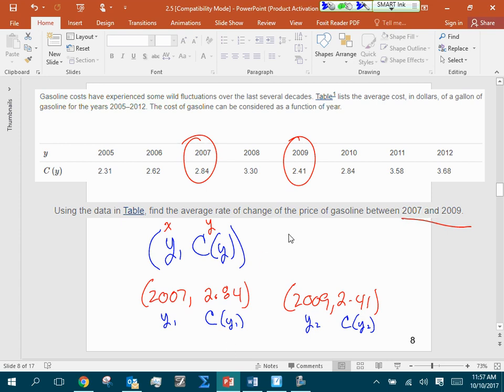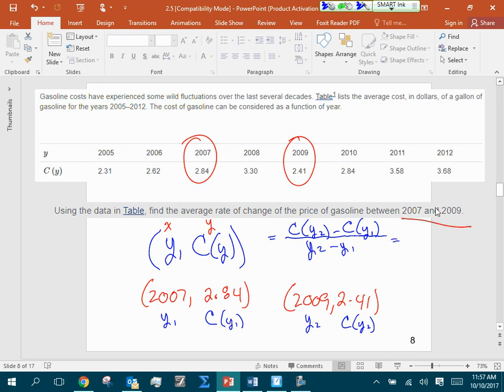Now, if we do the average rate of change in a generic format for these y1, y2, c of y1, c of y2, the output values go on top. So I'm going to say c of y2 minus c of y1 all over year 2 minus year 1. So that's output, and that is your input.